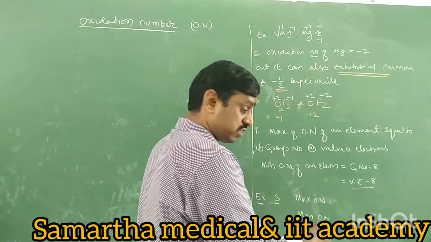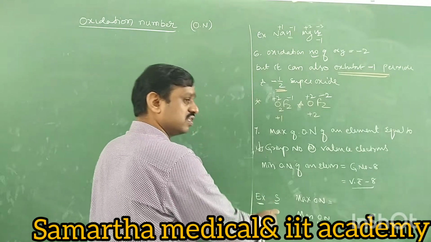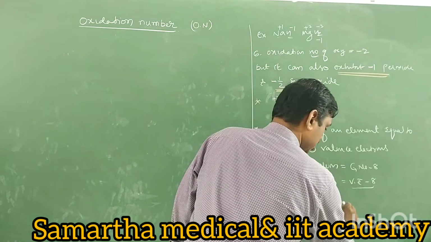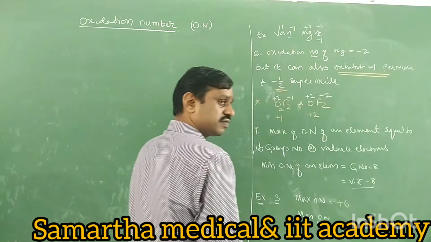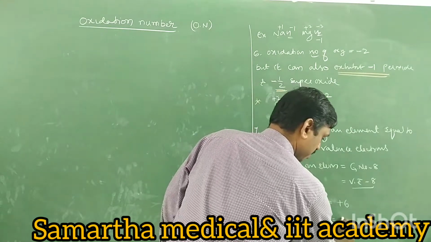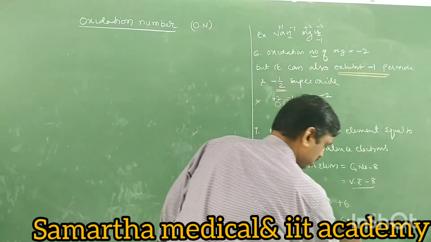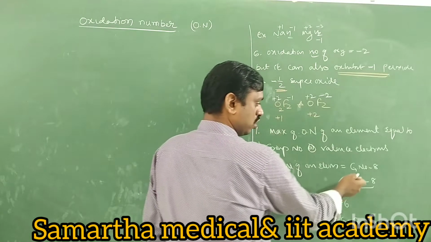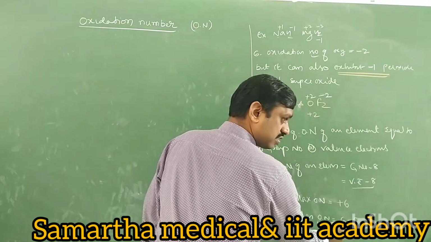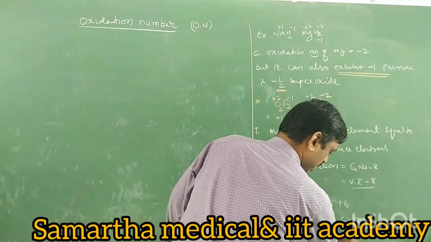So 16th group, but how many valence electrons? 6 valence electrons. Sulfur has 6 valence electrons, therefore maximum is plus 6. Then minimum is equal to number of valence electron minus 8. So valence electron is 6, 6 minus 8 equals minus 2.